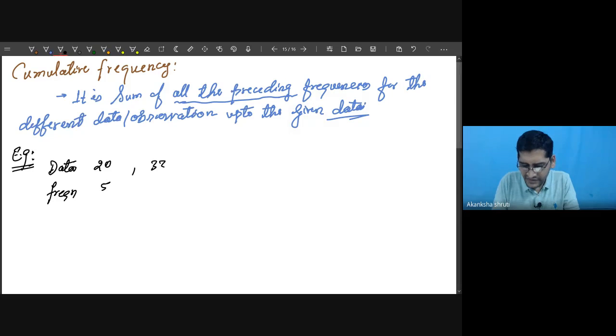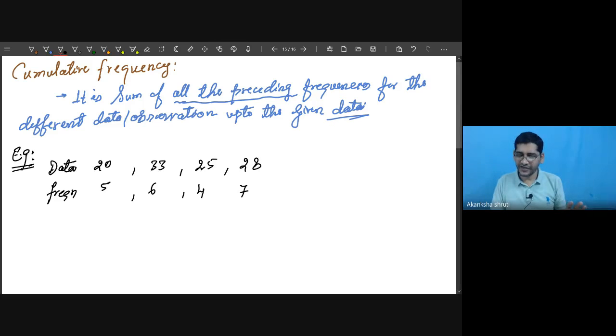Say 33 is 6 times. Say 25 is 4 times. Say 28 is 7 times. Only this much I'm taking. Okay. So student, the very first thing for cumulative frequency, we need to write the data in descending order or ascending order. It is up to you, but it is preferred to write in ascending order.